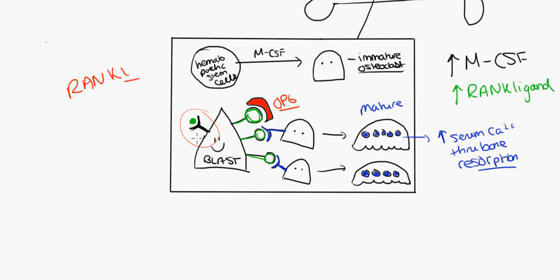So because the blast has more going on, we can remember that it's going to have rank L, and then the osteoclast is going to have rank. So basically the osteoclast doesn't really do anything. It just kind of puts its rank arms out, and then binds. So that's all it's really doing. It only has one job, and that's to put its rank arms out and then bind to the rank L.